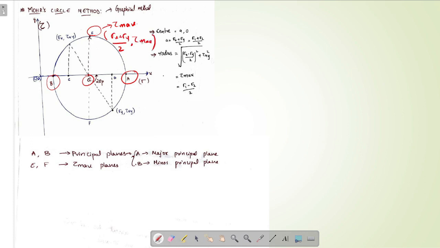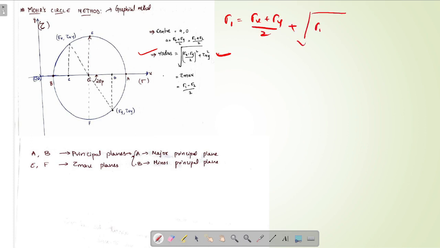Now let's see what the radius of the Mohr circle is. It is given by this formula. We know that sigma 1 is given by sigma x plus sigma y by 2 plus square root of sigma x minus sigma y by 2 whole square plus tau xy whole square.